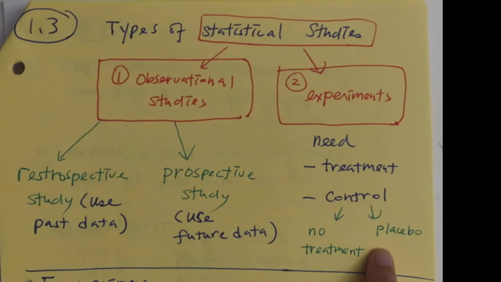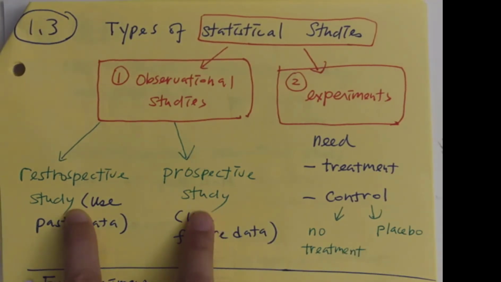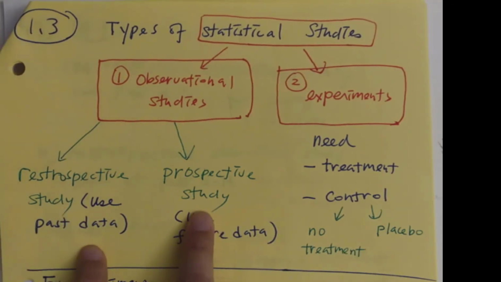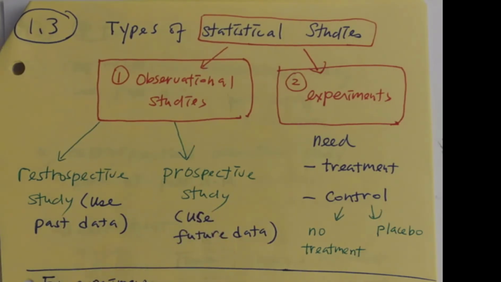For observational studies, we focus on two other types too. Retrospective is looking at past data, and prospective is using future data. We follow up with the participants in the long term in the future and see if certain medication or lifestyle can make them healthier.